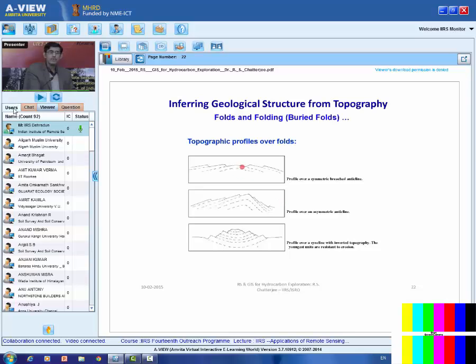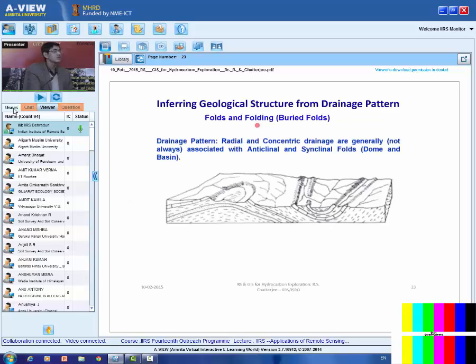From that we can draw some profiles and see whether subtle topographic relief can be observed in doubtful areas where petroleum can be present. If you can interpret that there is some folded structure underneath, then we can say where petroleum can be accumulated. This is a syncline, this is second order topography, so I am not going to discuss it here now. Now, from the drainage also you can identify the folded forms.